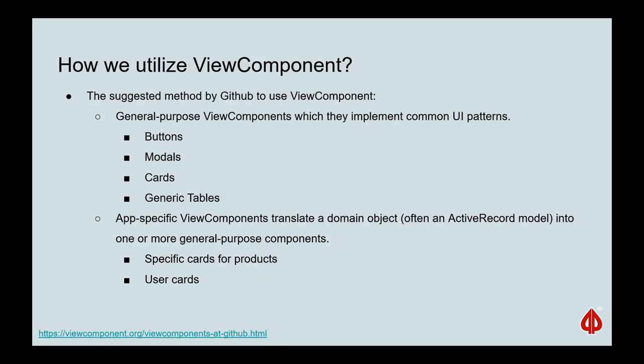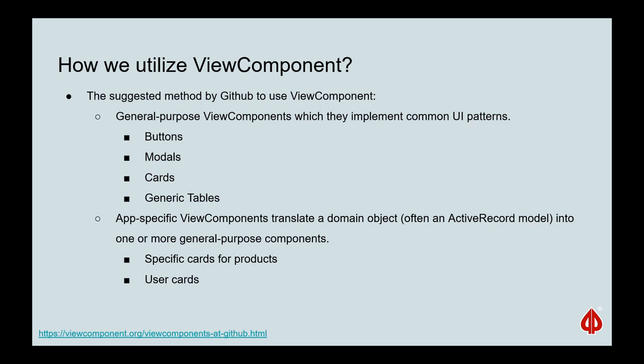But how do we utilize ViewComponent? We follow the suggestion from GitHub. They usually have general purpose components and app specific components. For example, you can have buttons, modals, cards, generic tables inside your general purpose view components, which we call general components. And it's a separate namespace within our application. Whenever you want to have a new UI element, we first put it in a general component, and then we reuse it in app specific components.